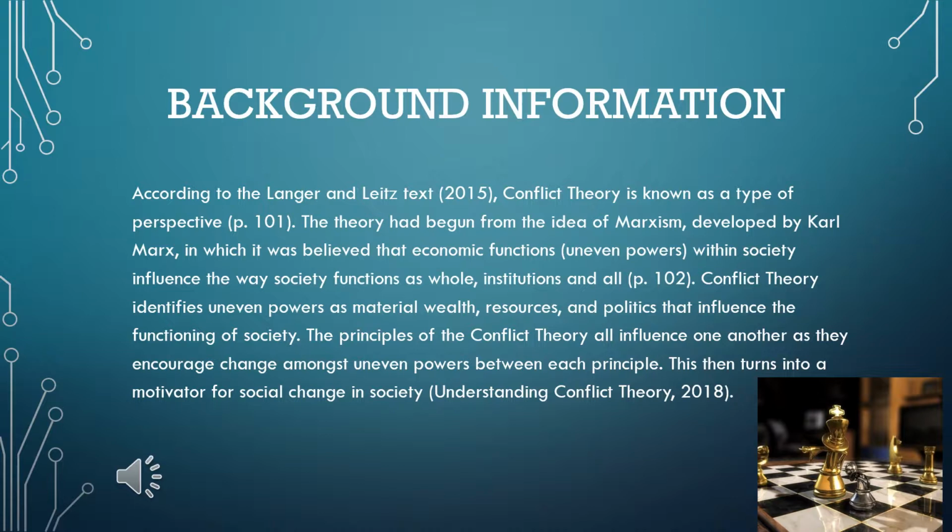Conflict theory identifies uneven powers as material, resources, and politics that influence the functioning of society. The principles of conflict theory all influence one another as they encourage change amongst uneven powers between each principle. This then turns into a motivator for social change in society.